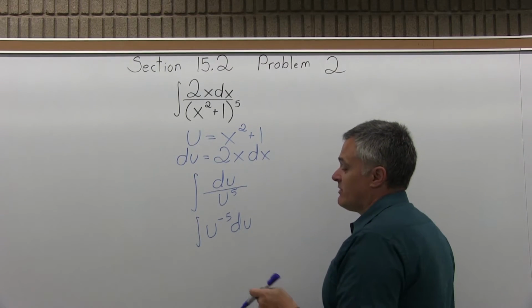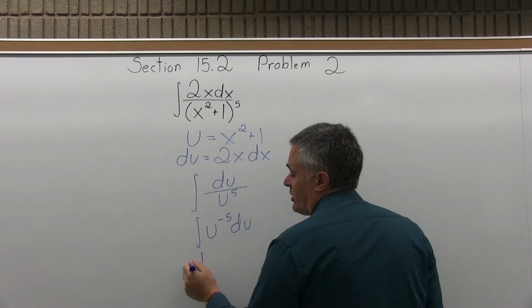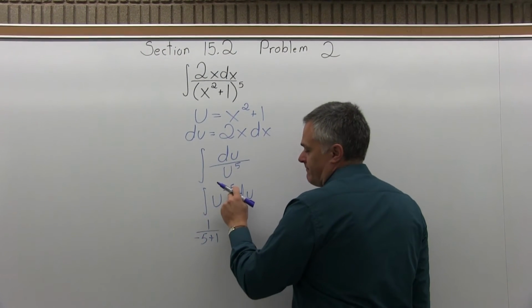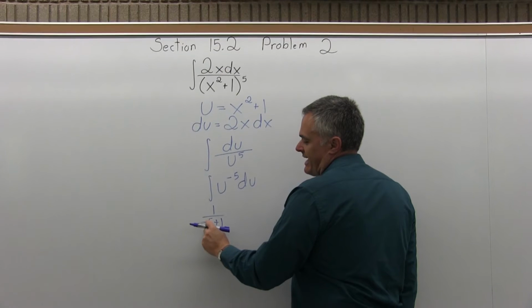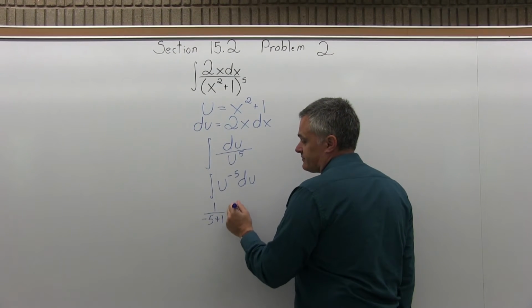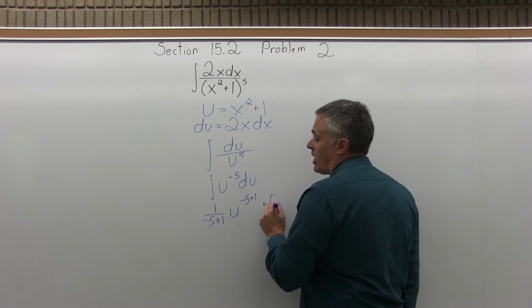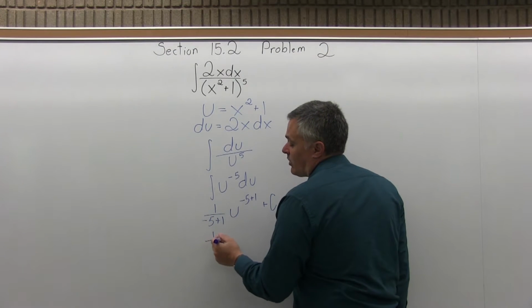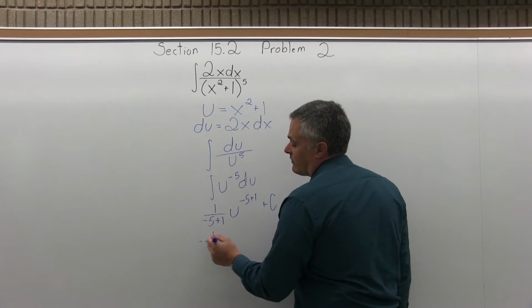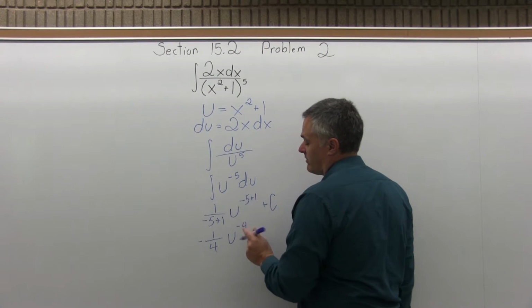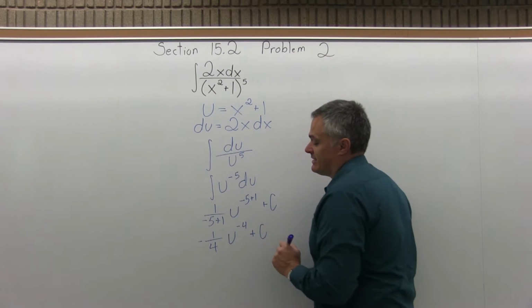So let's solve it. What I'm going to have is 1 over, be careful because it's negative, let's actually write out 1 over the old exponent plus 1, u to the old exponent plus 1, plus some constant. So it's going to be 1 over minus 4, a negative a fourth, u to the negative 4, plus a constant.